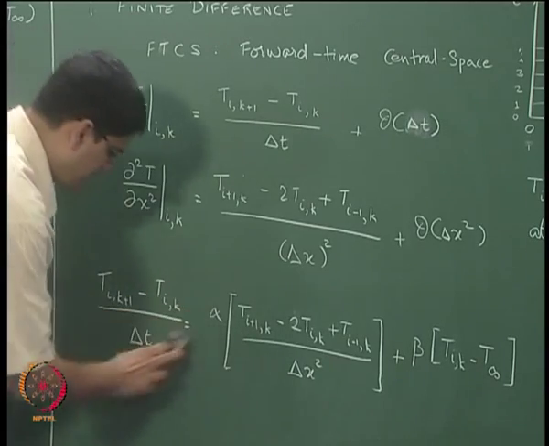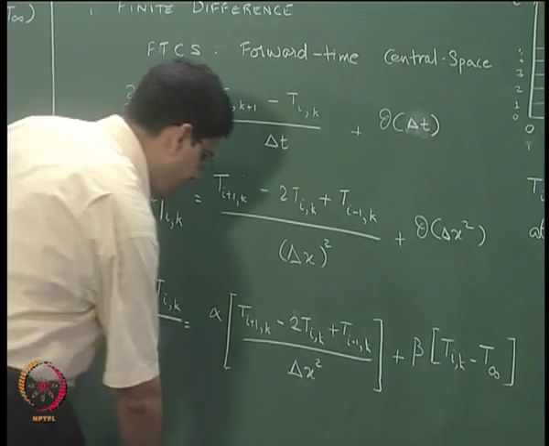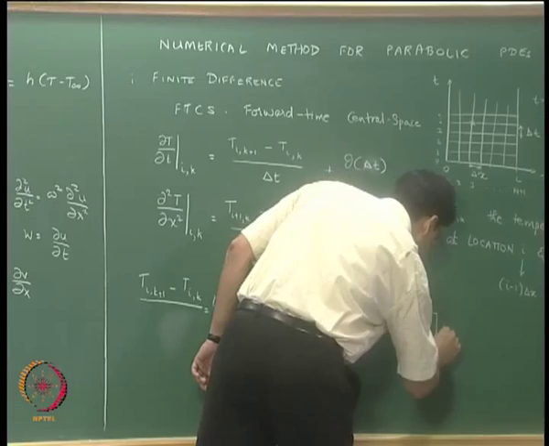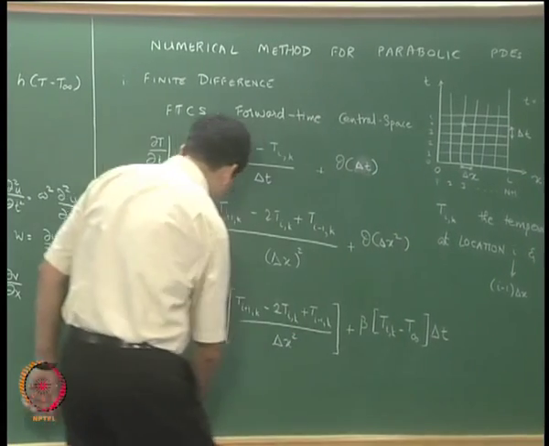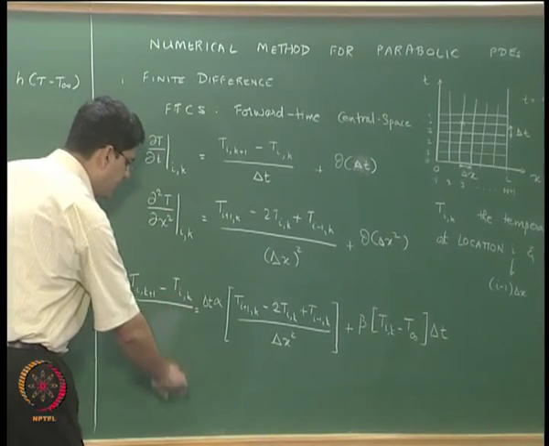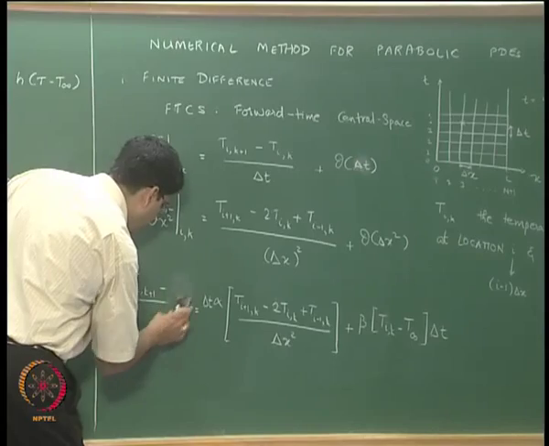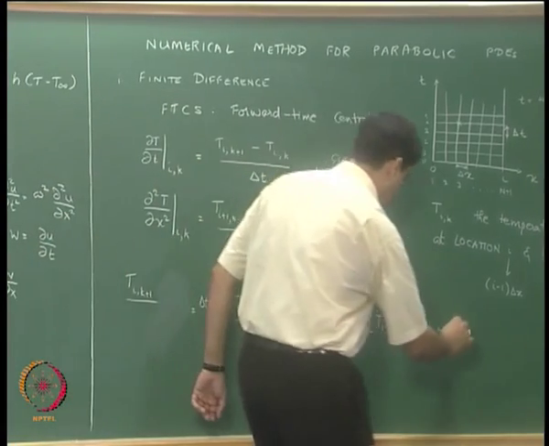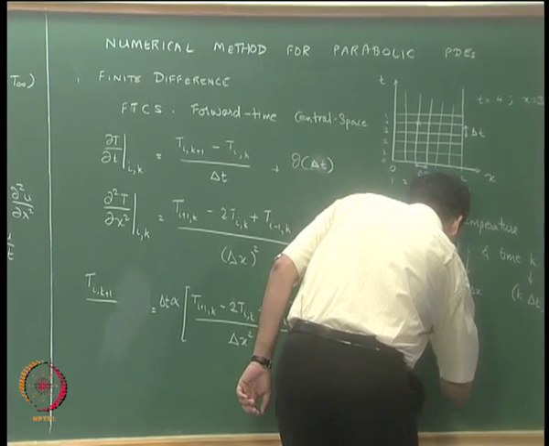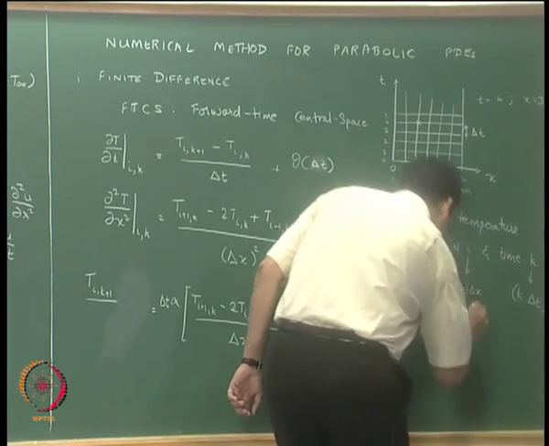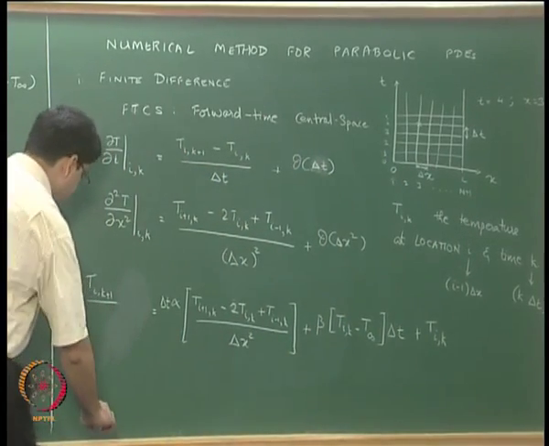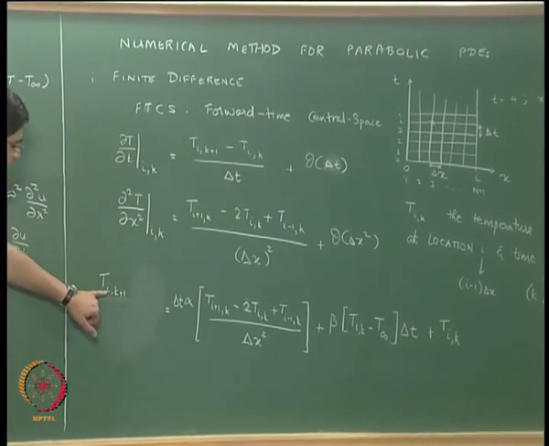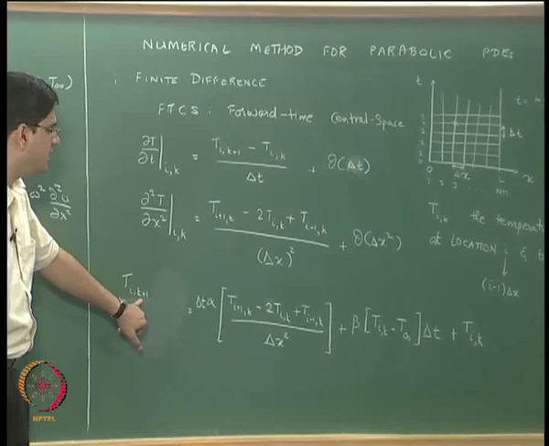So we multiply throughout by delta t, and we get delta t multiplied by alpha and delta t over here, and then take T(I,k) on to the other side, and this is going to be the expression that we will use in order to get the value of T(I,k+1).